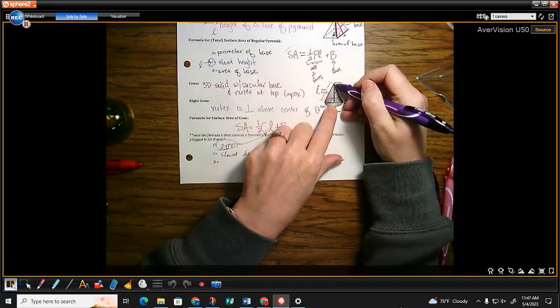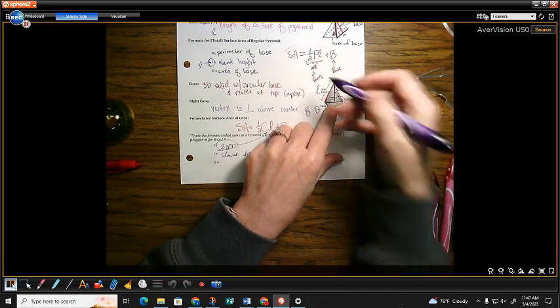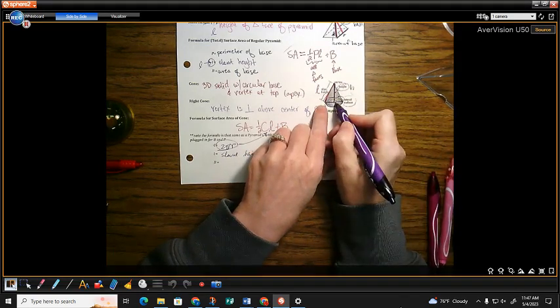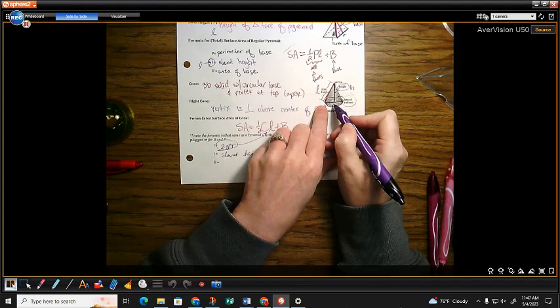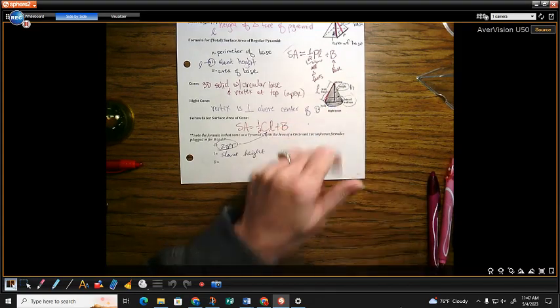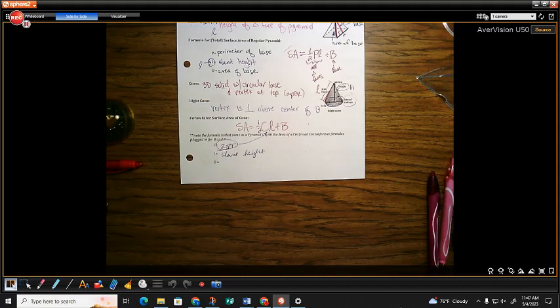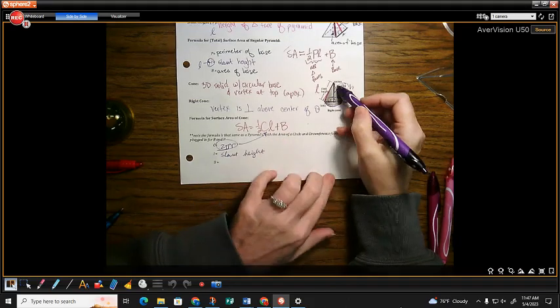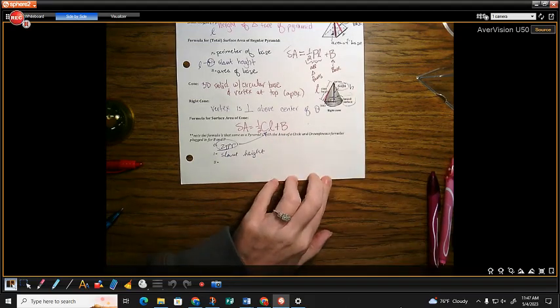Because I've got my height down the center of my cone, my slant height, and then the radius. That makes a right triangle. And so you can use the Pythagorean theorem, or trig, or special rights. If I gave you the height and the radius, you could calculate the slant height.